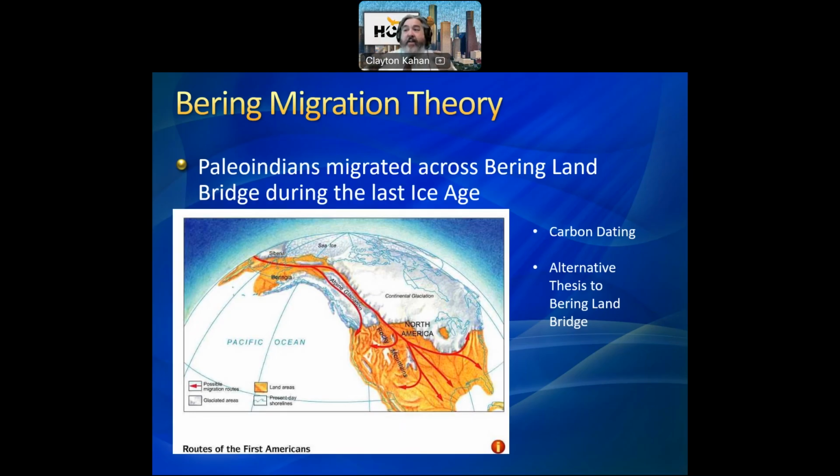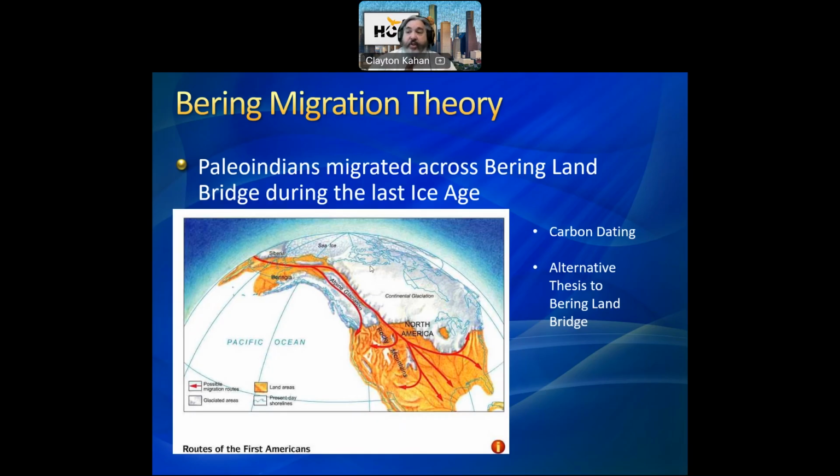But as the ice age is ending, this alpine glaciation starts to melt. And when it does melt, it fills in Beringia. Okay, Beringia becomes submerged under what is today the Bering Sea and the Bering Straits. Okay, so they are stuck, for lack of a better way to put it. They're stuck in what becomes North America.